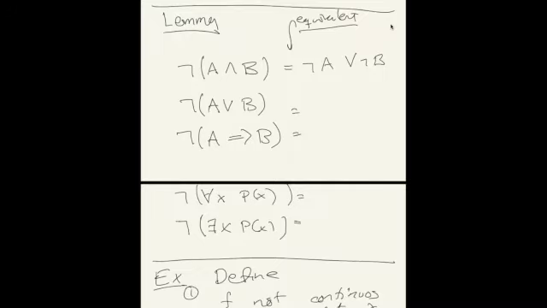If you're negating an or statement, A or B, then that means that both of these claims have to be false. So not A, not B. And as you notice, there's a certain logic in here: when you negate, the connective flips, and the negation signs go in front of the variables.